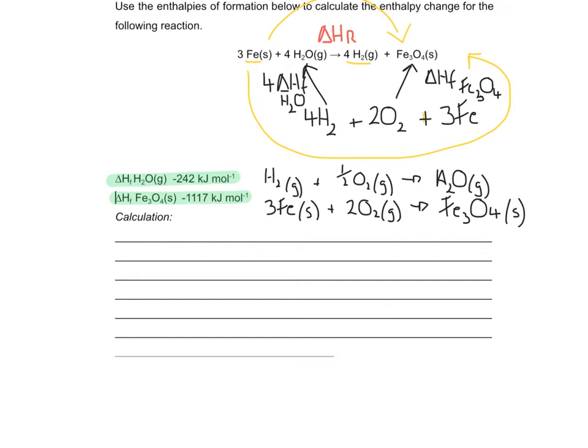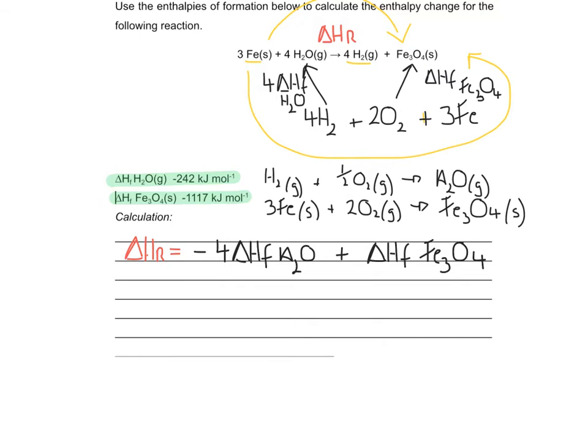So our delta HR this time is going to be equal to, now I'm going against the direction of the arrow, so it's going to be negative 4 delta HFs for water. Then I'm going with the direction of the arrow for the formation of iron oxide, so I'm going to add to that the delta HF for iron oxide.